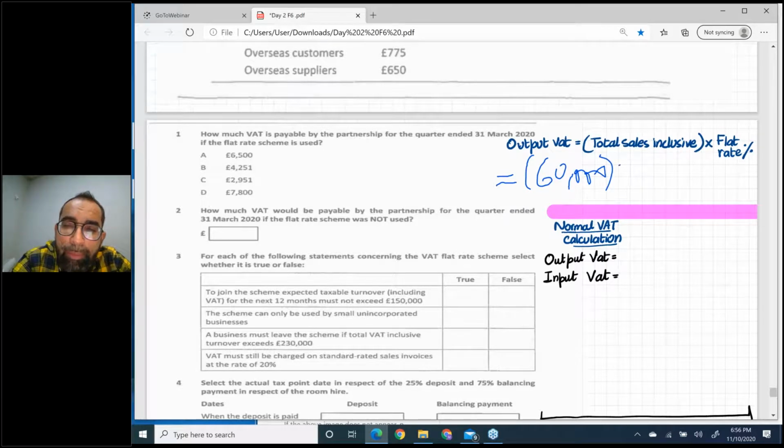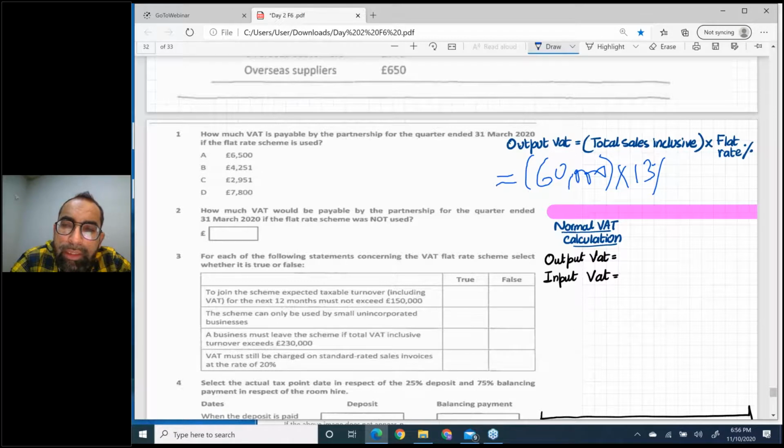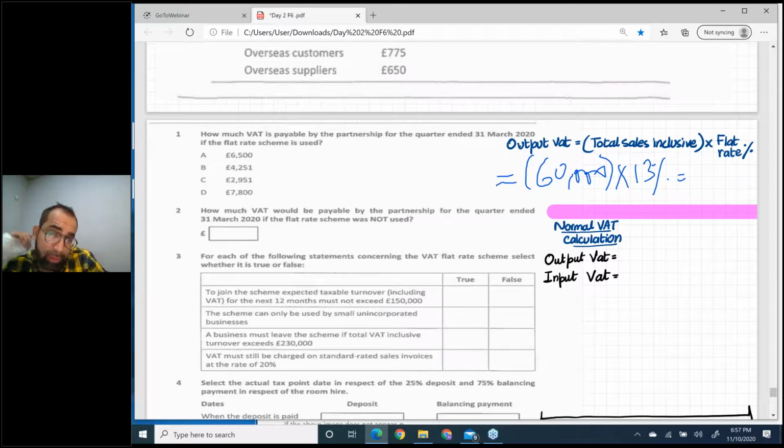So simply multiply it with 13%. 60,000 times 13% is how much? Let me use the calculator. 7,800. So your simple answer is 7,800.